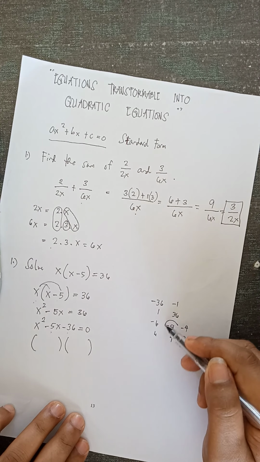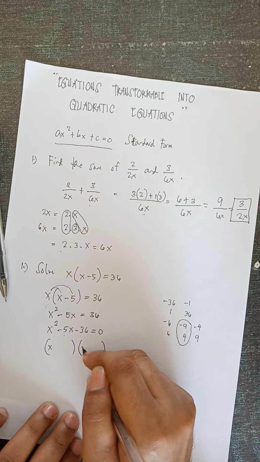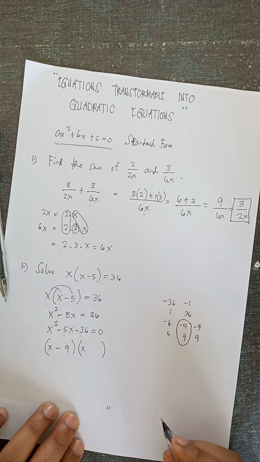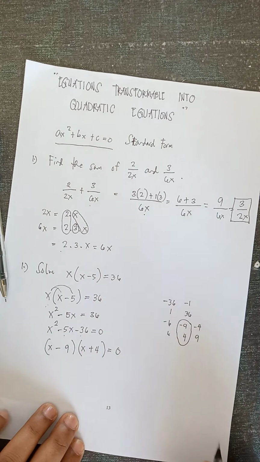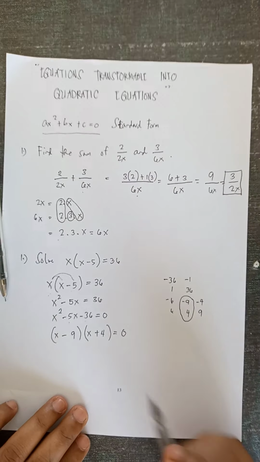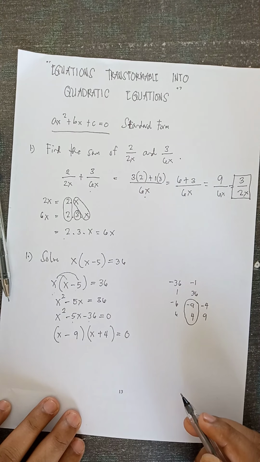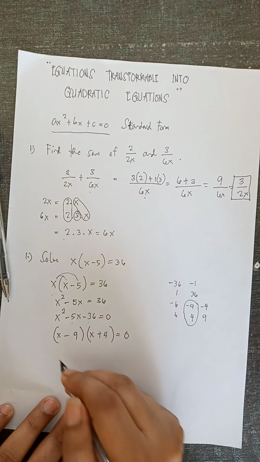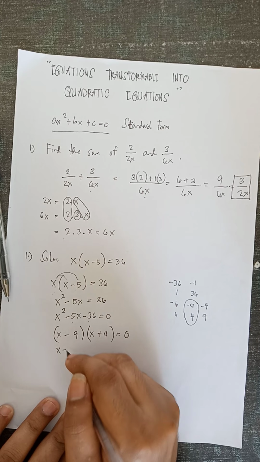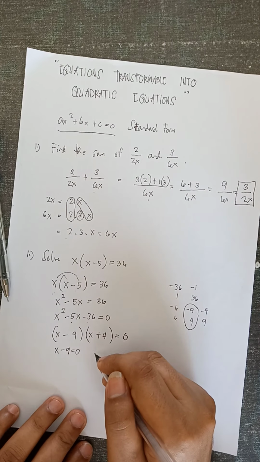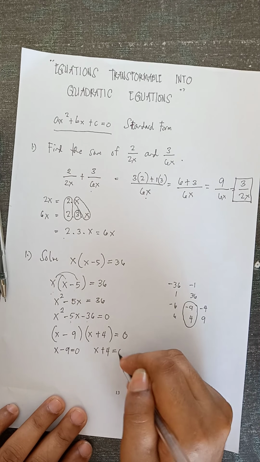So therefore this is the factor of negative 36 that we will use. So we have x minus 9 and x plus 4 equals 0. Now we have the factors of our quadratic equation. The next thing to do is to use the zero product principle: equate the two factors to 0. So x minus 9 equals 0, and the other one is x plus 4 equals 0.